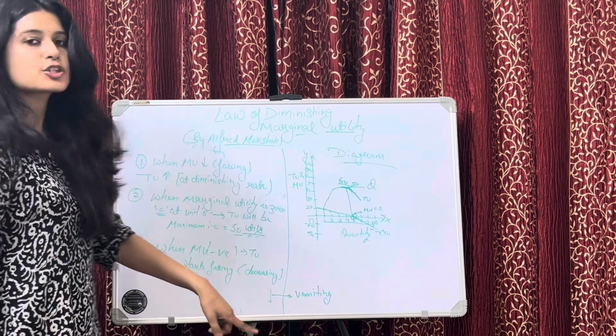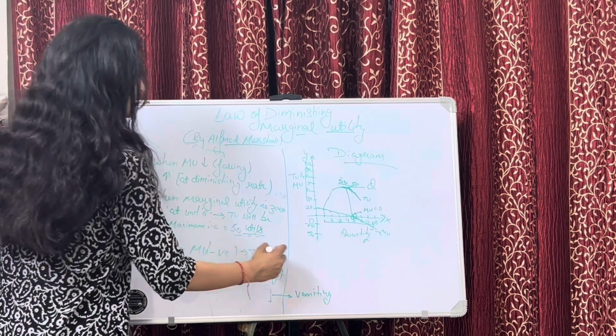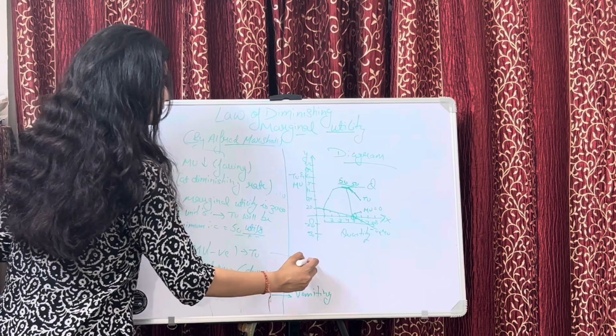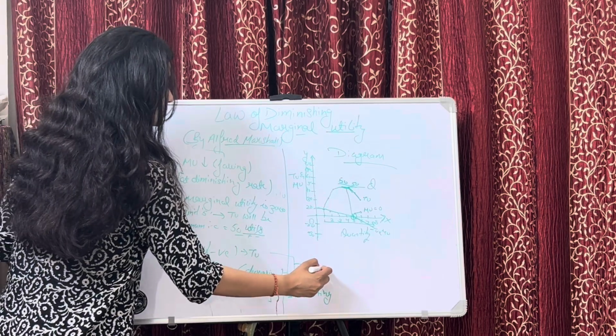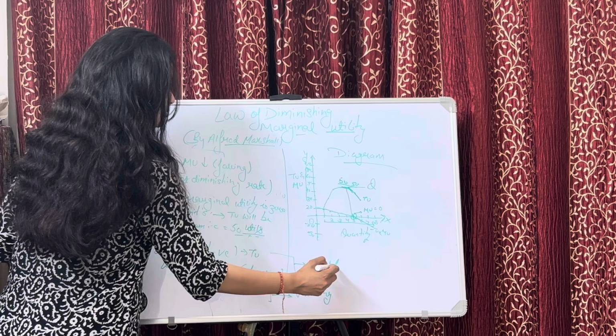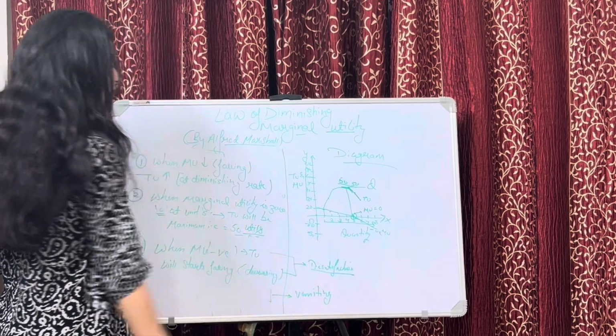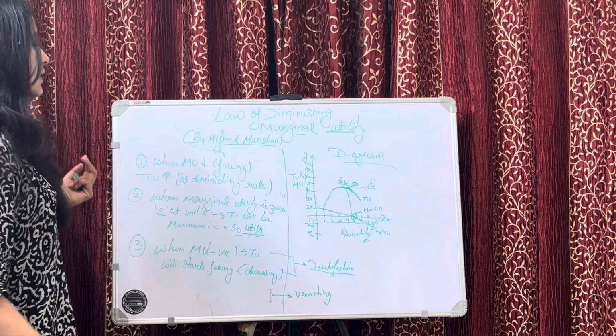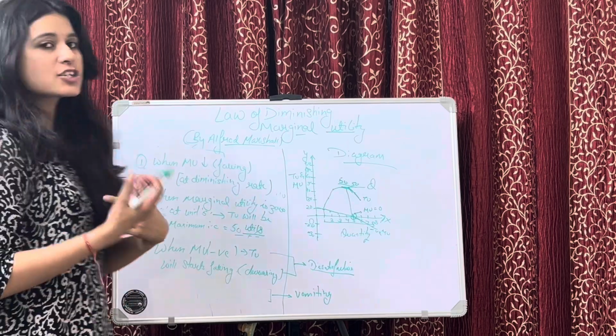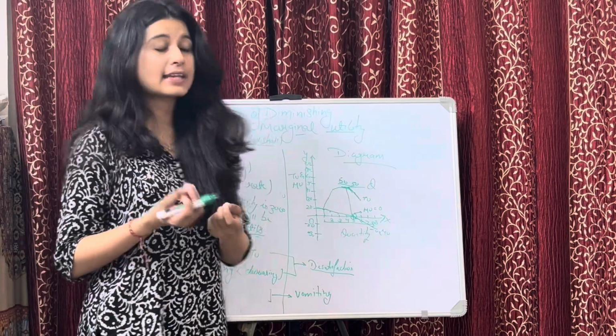And this is the situation of dissatisfaction, because at this point your marginal utility itself becomes negative.